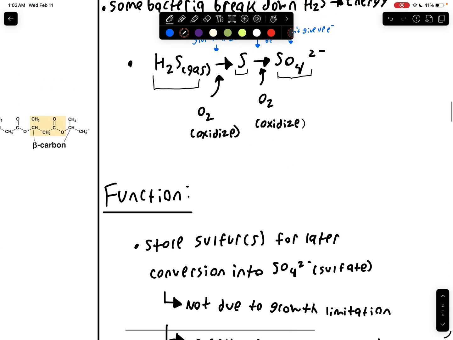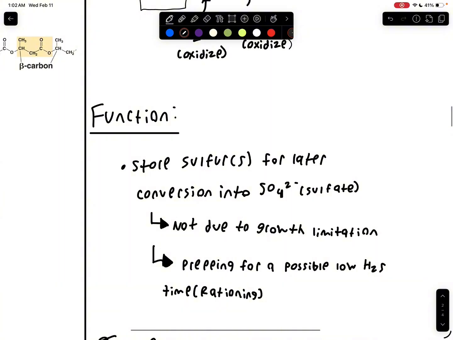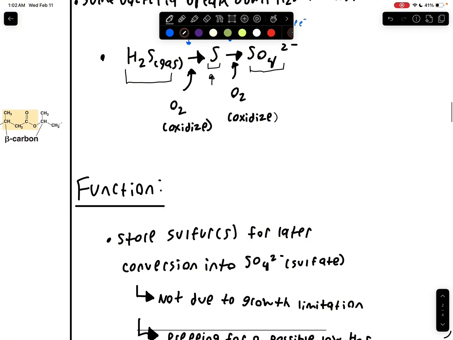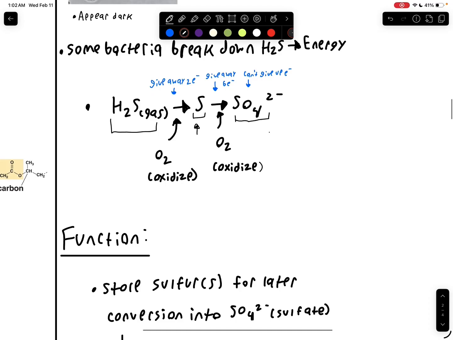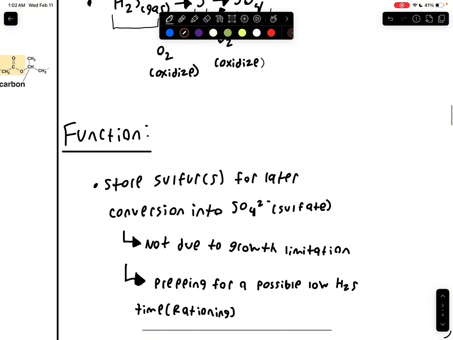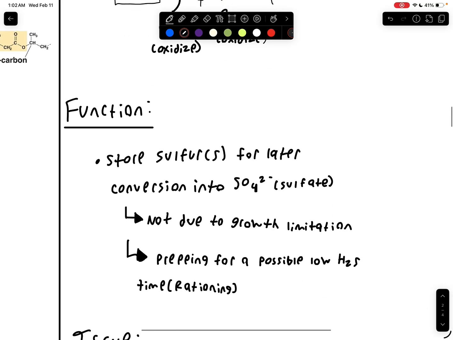So the function of the sulfur granules is to store sulfur in this intermediate form for later conversion into this SO4 2-, which is your sulfate, if you were curious what the name was. Now, this is not due to growth limitation. This is actually just the bacteria preparing for a possible low H2S time.